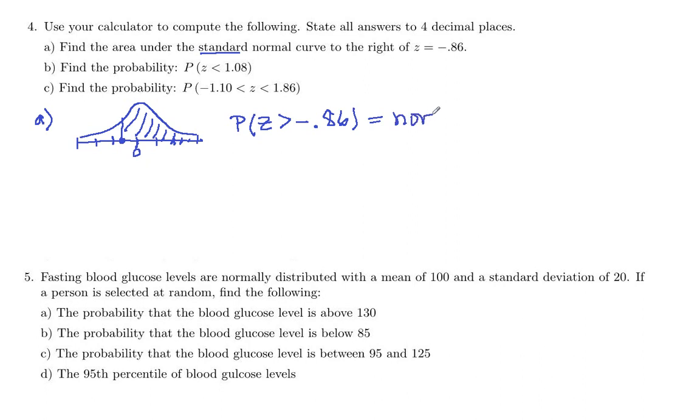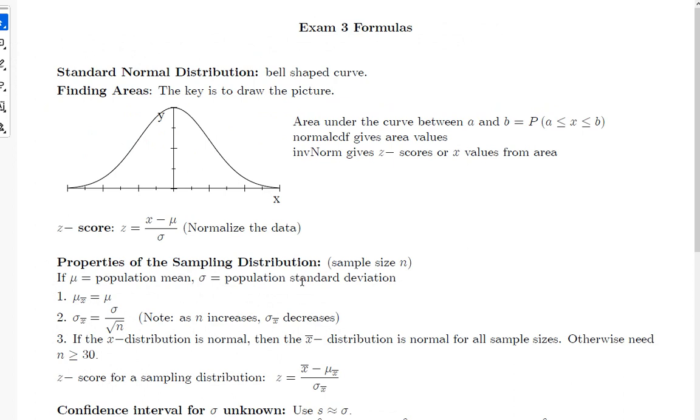normal CDF. And then remember you do lower cutoff, upper cutoff, mean, and standard deviation. So I'm thinking we had that on the formula sheet here. Area under the curve between: normal CDF gives the area, inverse norm gives z-scores.